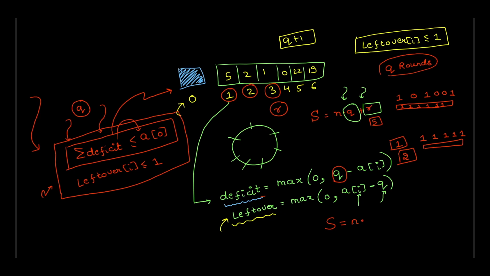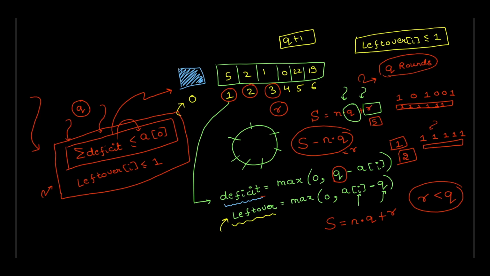It says that S can be expressed as n into q plus r. This means that if every person has participated in q rounds, the total leftover is equal to S minus n into q. This is the total leftover, and this is equal to r. And Euclid's division lemma says that r should be strictly less than n. This means that if this situation were to arise, then every person was capable of participating in q plus 1 rounds, right?